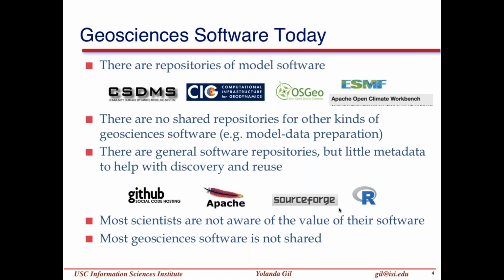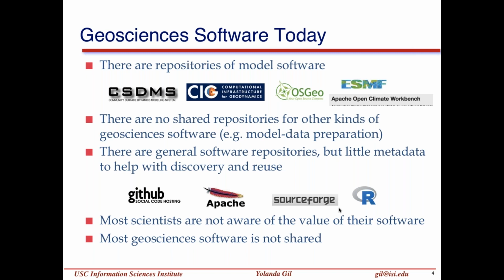So if you're looking for visualization or some data preparation software, that's much harder to find. And for those, you may find something in general software repositories. So GitHub is a good example, the R repositories, but there's little metadata to help discover and reuse that software.